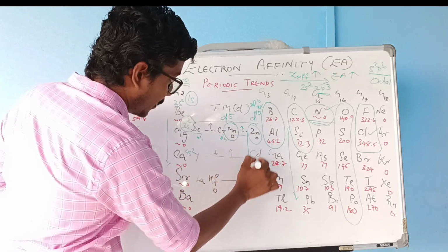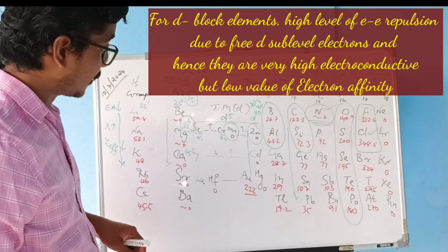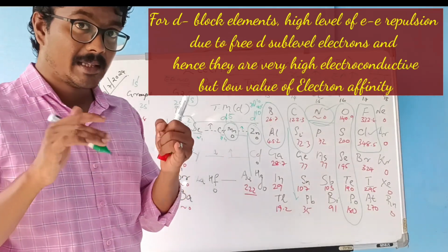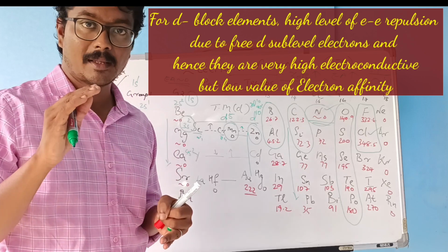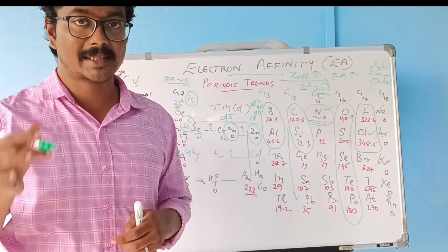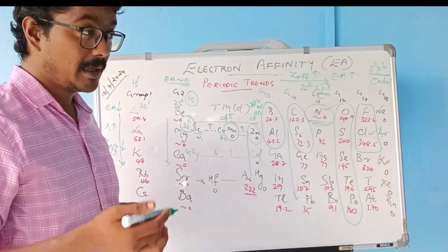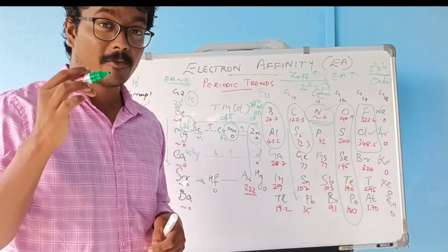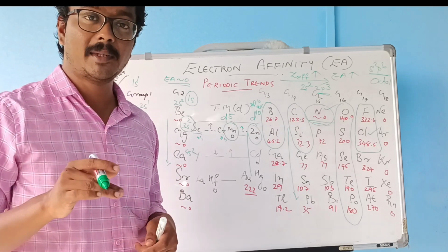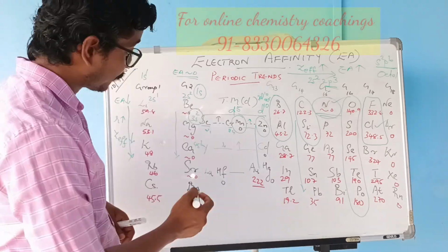In the zinc group, zinc, cadmium and mercury have zero electron affinity. And please remember that for lanthanides and actinides, the electron affinity values have not been found so far. Research is still going on. This is why finding the value of electron affinity is very difficult, experimentally as well as in the classical approach.